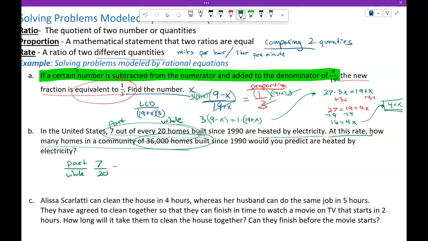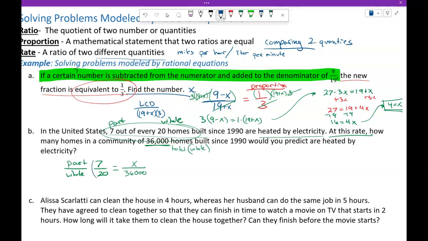And so we have an equivalent rate in forming a proportion. The part is the thing we don't know, x, but this represents a total or a whole amount. And so the denominator becomes our 36,000, and we're left with the unknown of x. So simple multiplication here.